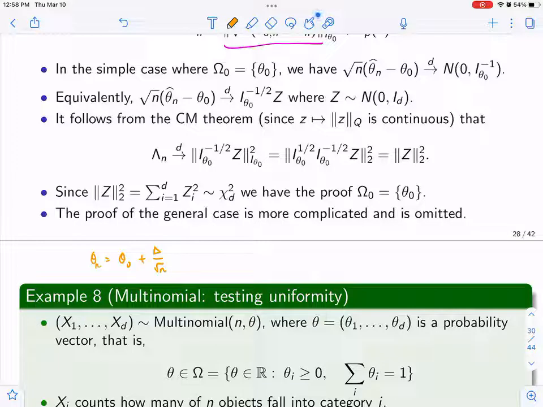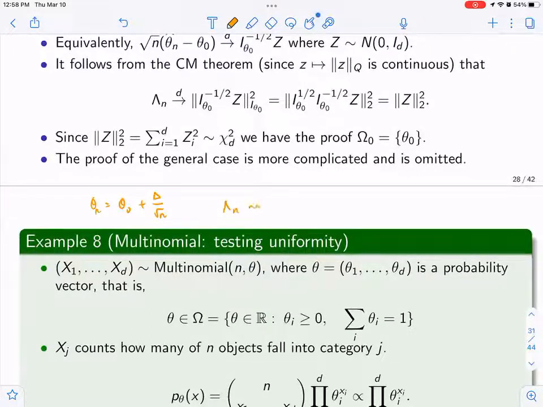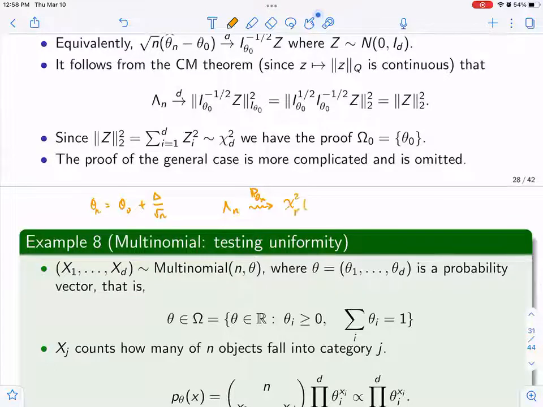He derives a distribution for this guy under this alternative, which means the lambda n, the weak convergence distribution, sometimes written as p theta n, converges to a chi-squared with, let's say, r degrees of freedom, and there is a centrality parameter, which is actually not delta but something here. I don't know what I call it, some centrality parameter. If delta is 0, then you get the null distribution we talked about, but it tells you something about the power at alternatives that are shrinking towards theta naught.